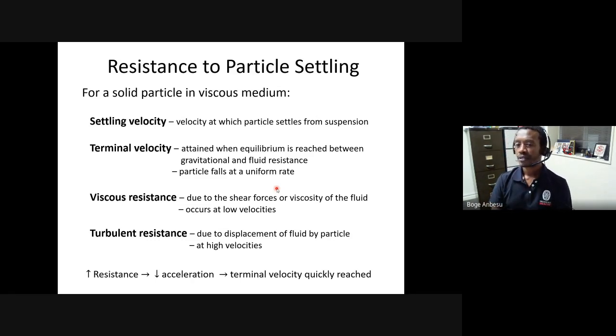So what determines, again, the performance of a classifier, or how good your classifier works? It depends on how particles move inside the classifier. So you can make particles be crowded. If you're feeding, for example, a material which is 70% solids, you already have too many particles in that feed material, and you have particle-particle interaction.